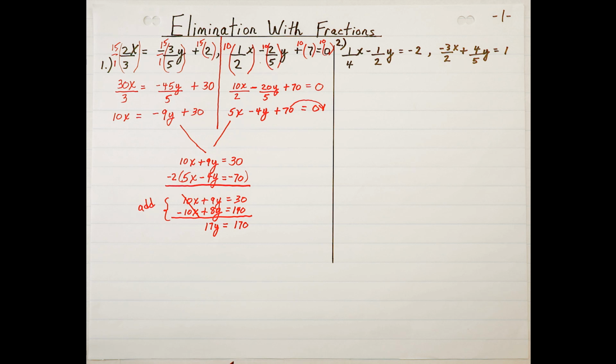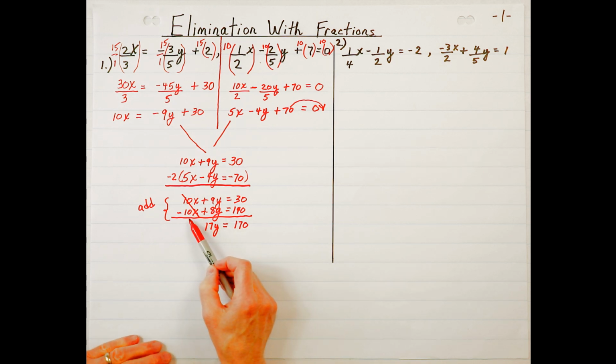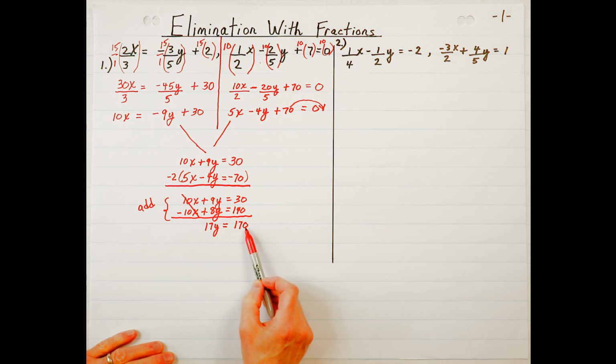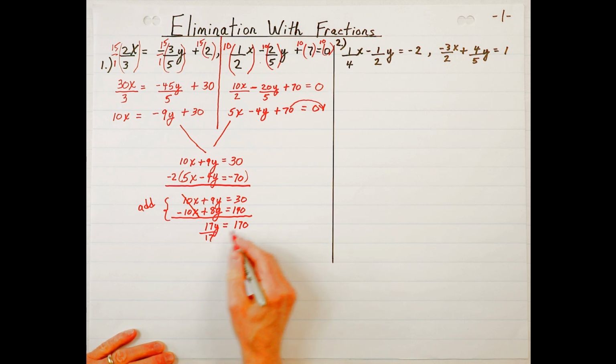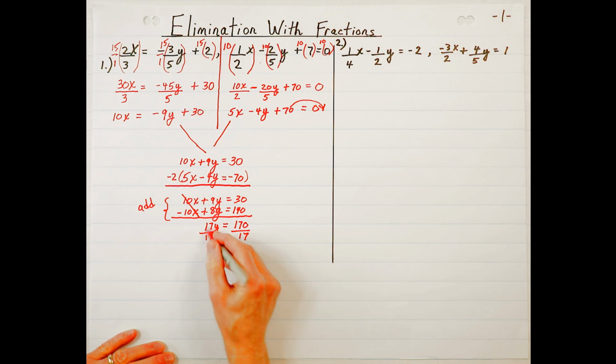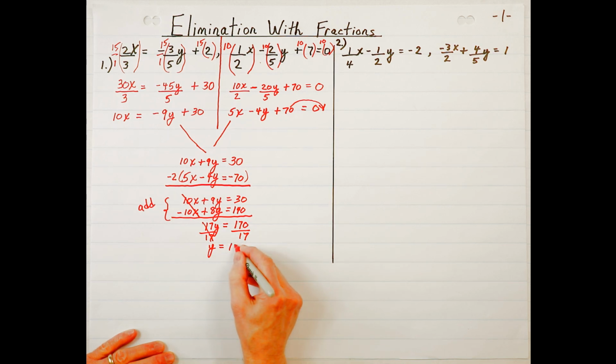Looks good. Now, because one of the variables is eliminated, it's a very simple solution to find here. So we just divide by 17, divide by the coefficient of y, and we get y is equal to 10.